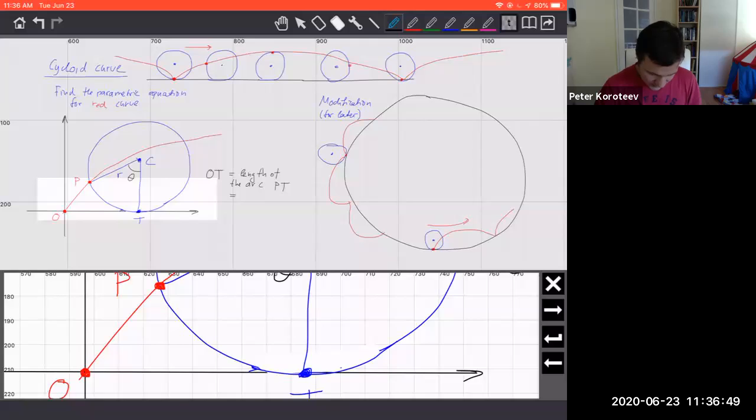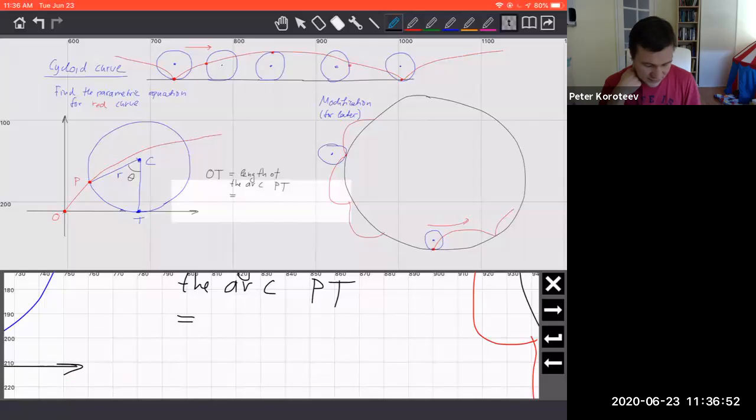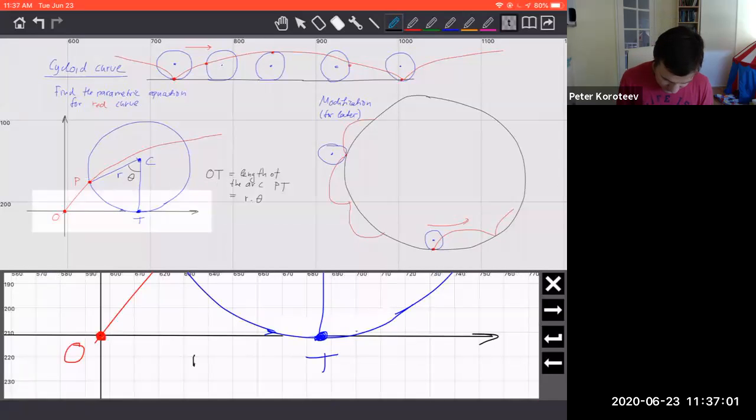So what is the distance in terms of R and theta? R times theta, of course. If theta is measured in radians, that's what the distance will be. So this is R theta.